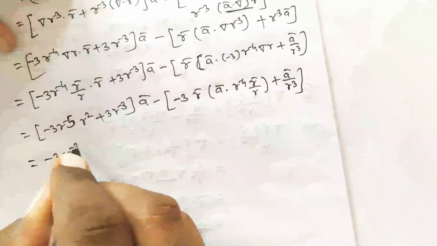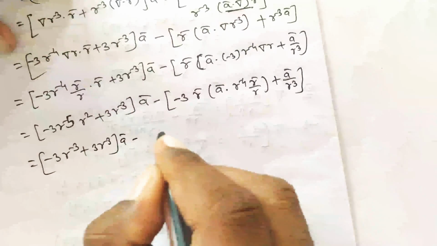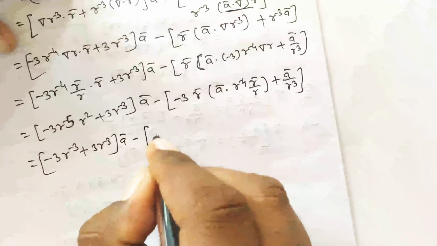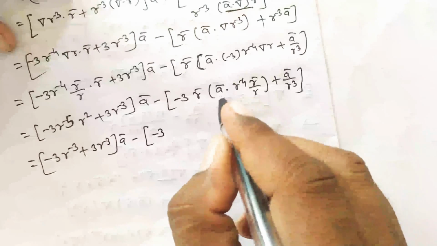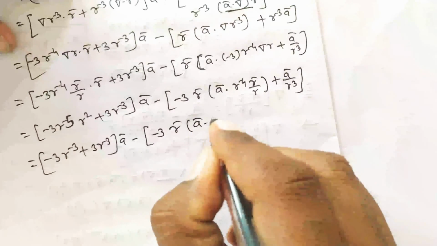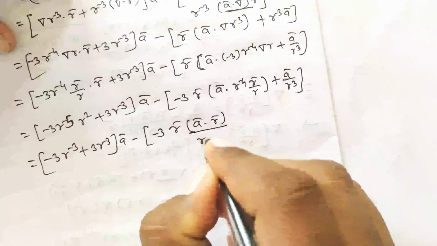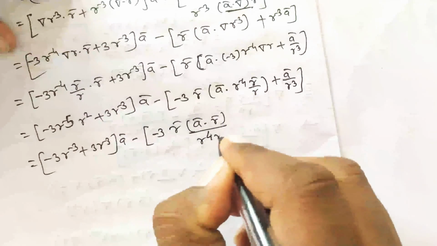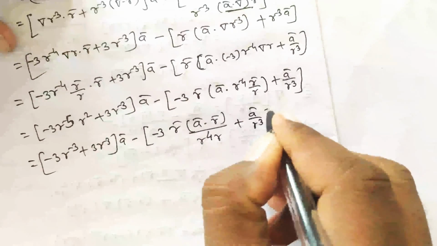Okay, so this is equal to minus 3 r raised to minus 3 plus 3 r raised to minus 3 into a bar minus into bracket minus 3 into this scalar quantity, here this r bar as it is, a bar dot r bar upon r raised to 4, minus 4 becomes plus 4 into this r, plus a bar upon r cube.